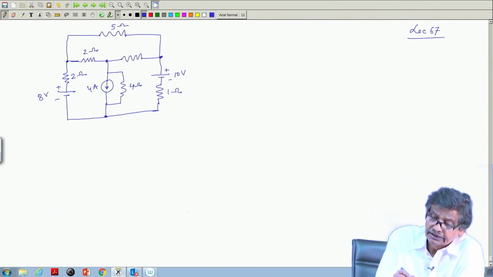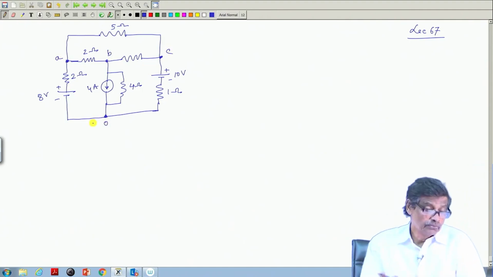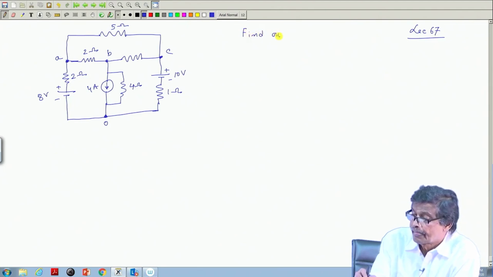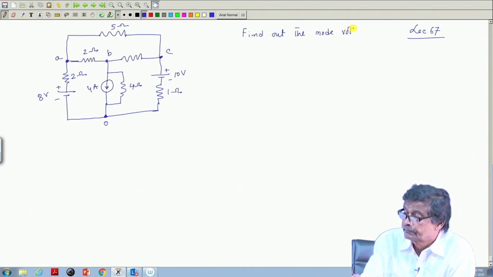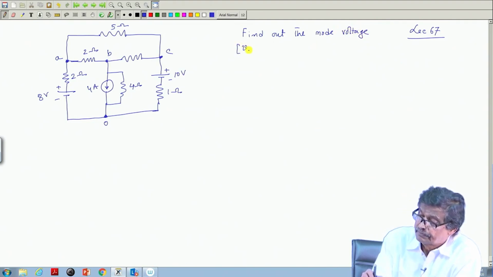How many nodes are there? 4, A, B, C, choose this to be 1. So, what I want to do? I want to find out the node voltages, that is V n.